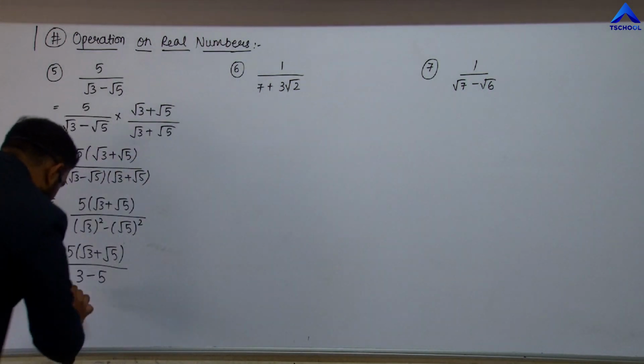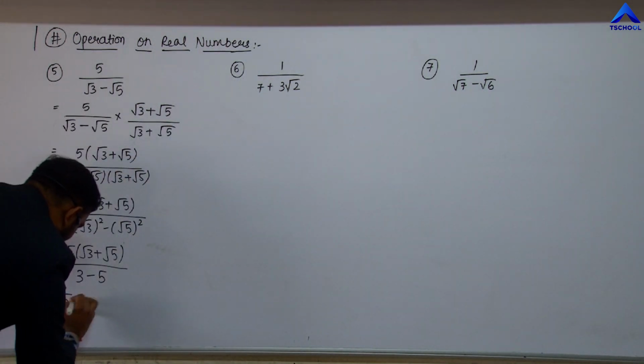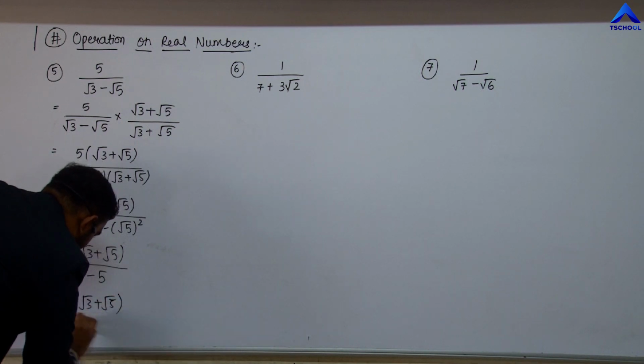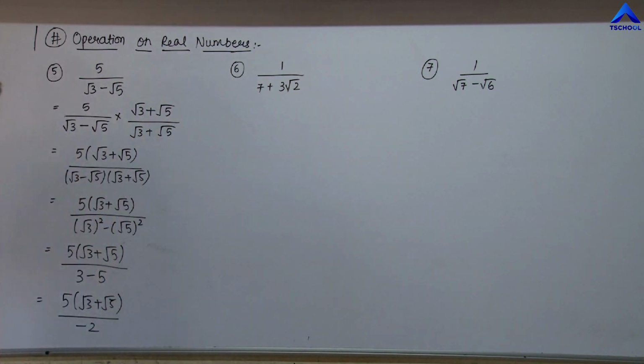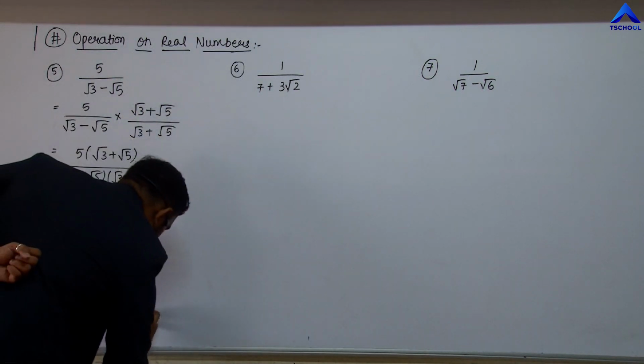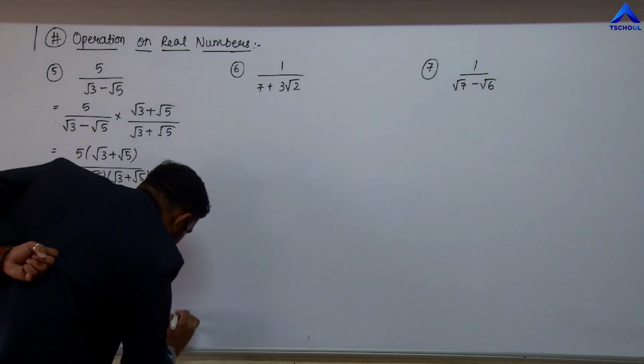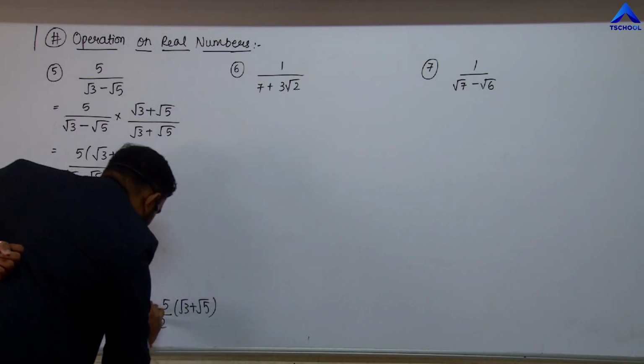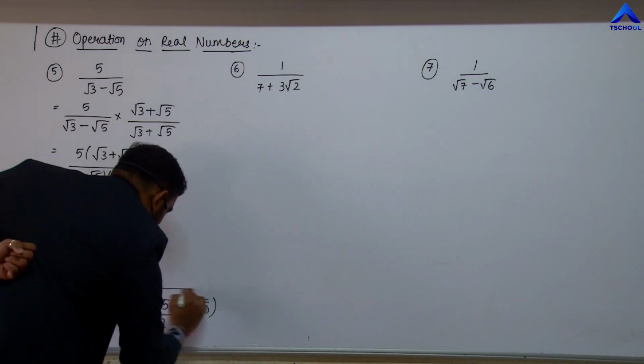That will give me 5 into root 3 plus root 5 divided by 3 minus 5, that is minus 2, and that is equal to minus 5 by 2 into root 3 plus root 5. So that is my answer.